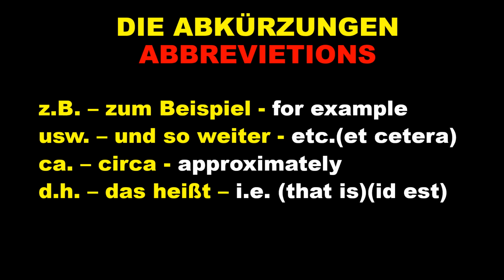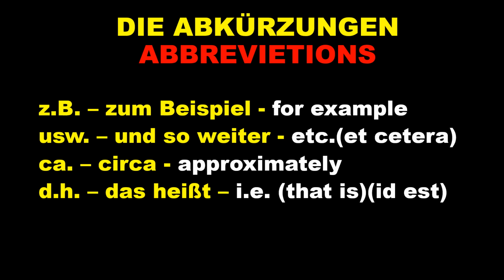DH. Das heißt. In English, that is, i.e., that is how we write it. Actually it is borrowed from another language, which is where we have taken that IE, which means it is.